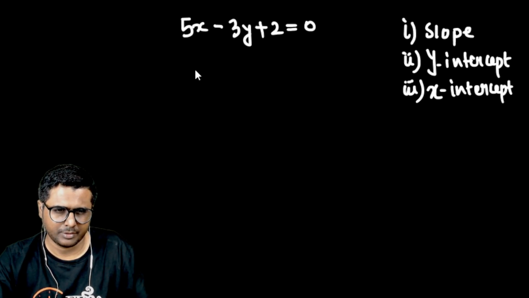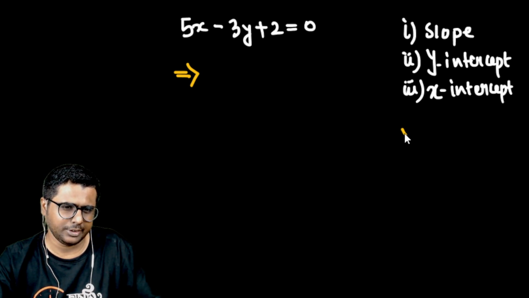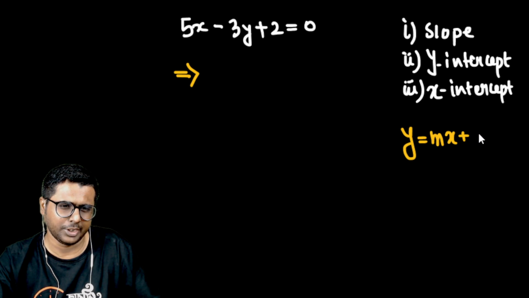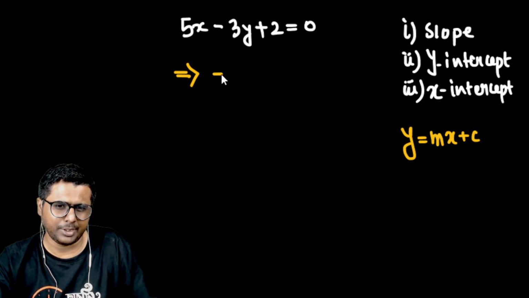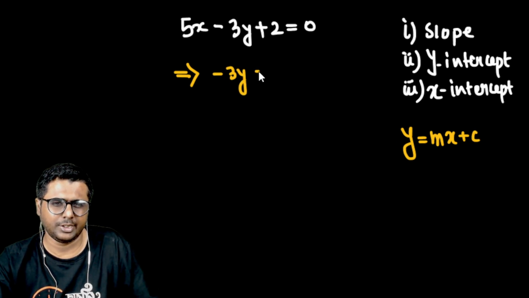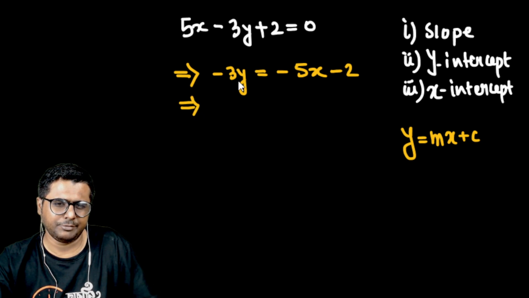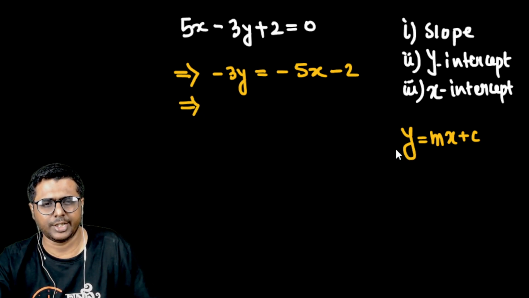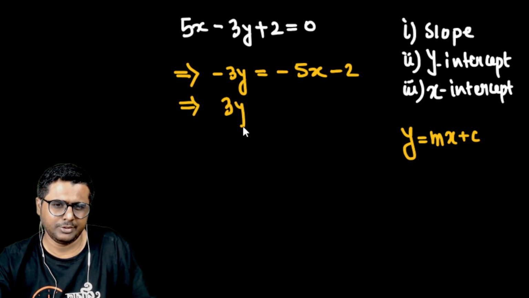See, first of all, you are going to make this equation in slope intercept form. So how am I going to do that? I will take the y part only on the left hand side, the other parts will go on this side: minus 5x minus 2. Next, I don't want a negative sign over here because y is not negative, so I will make it 3y.